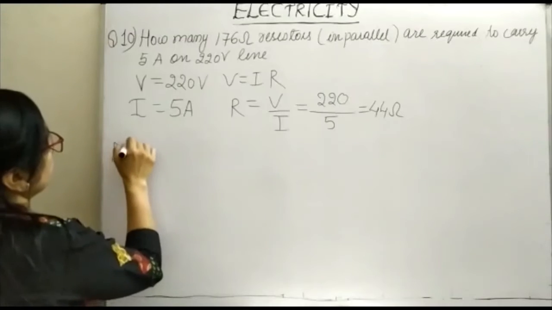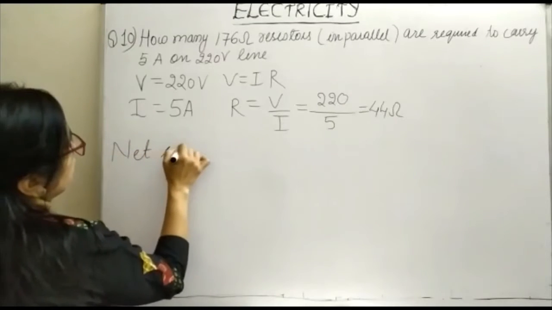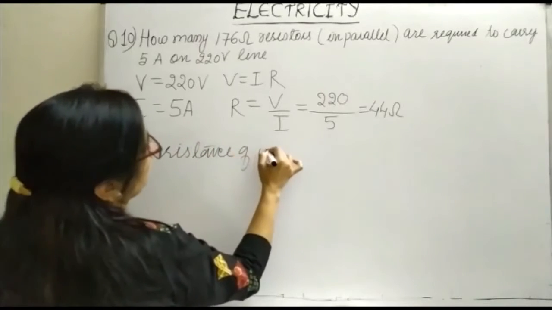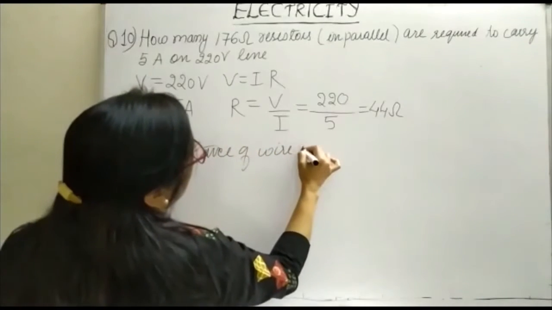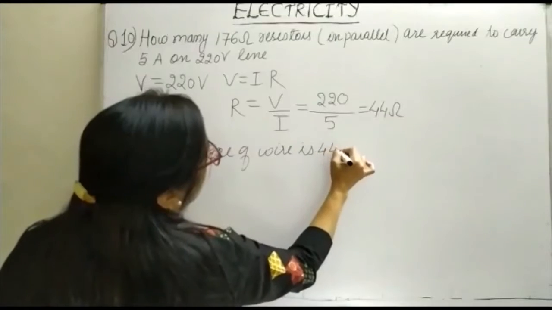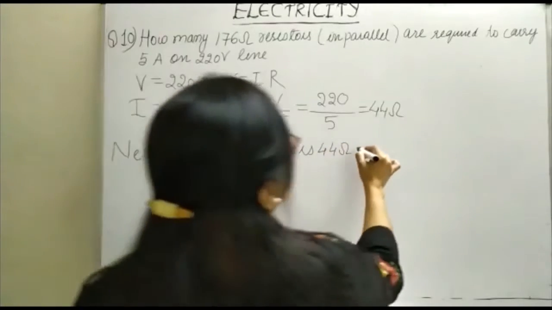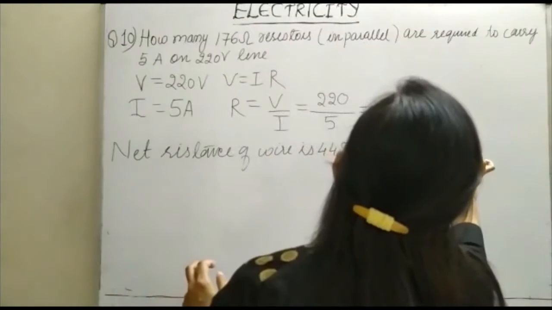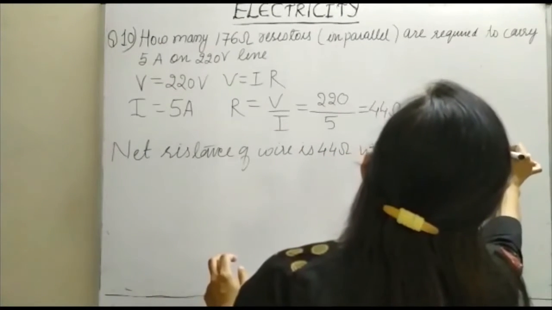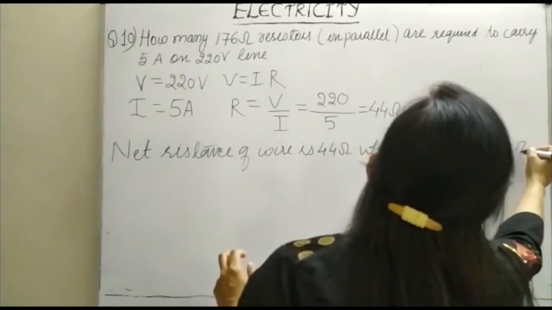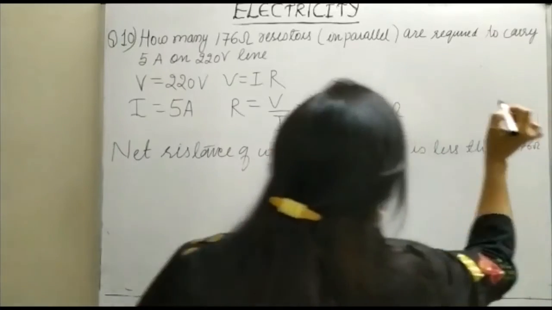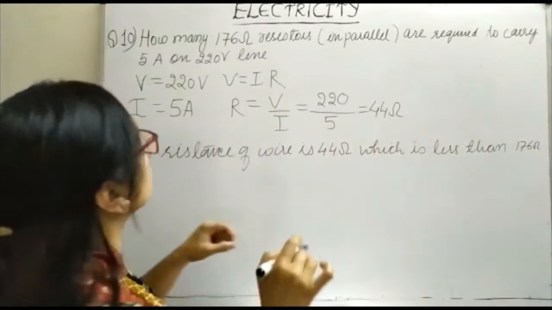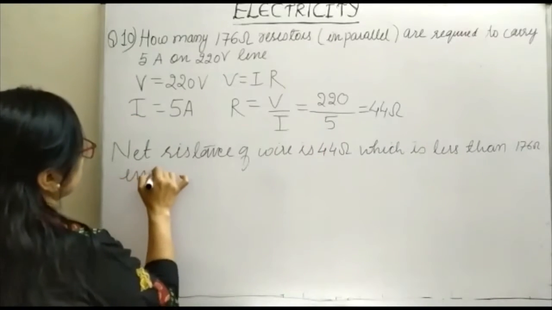So here the net resistance of the wire is 44 ohm, which is less than 176 ohm, that is the individual resistance.